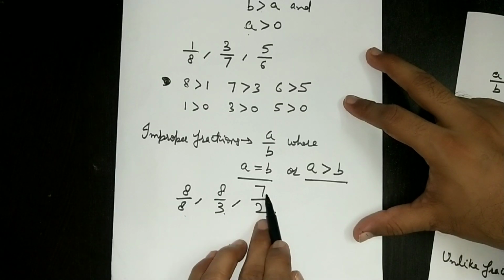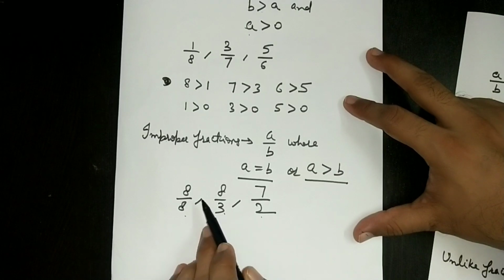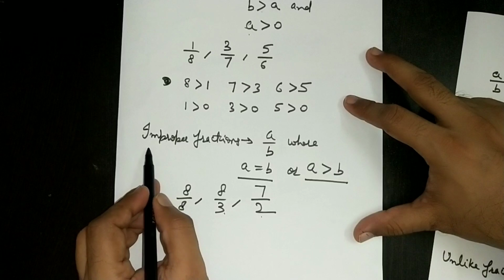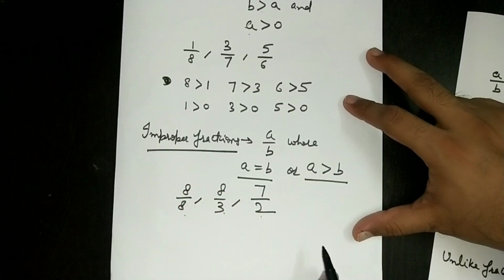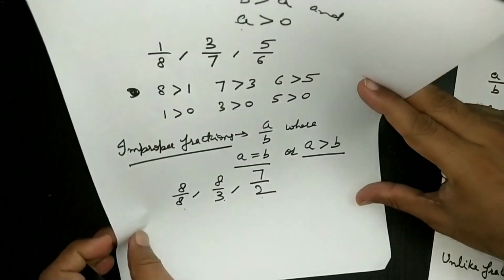When the numerator is greater than or equal to the denominator, the fraction is an improper fraction.